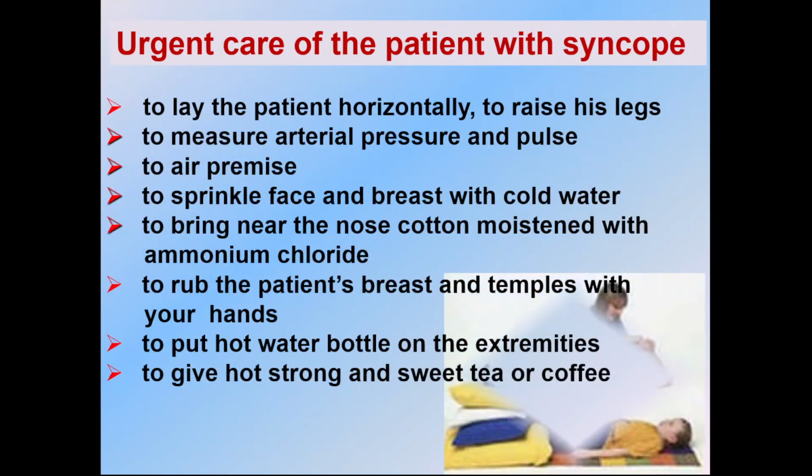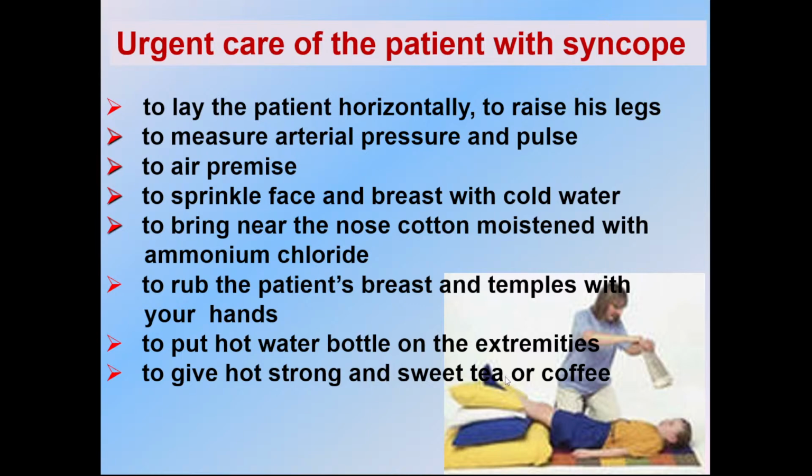The patient loses consciousness for a short time, but if there are any people nearby, we must respond to this situation and take care of the patient with syncope. First of all, we must slightly change his position.